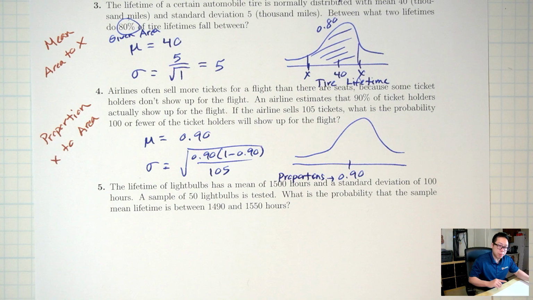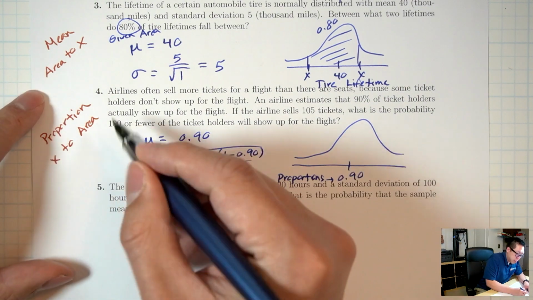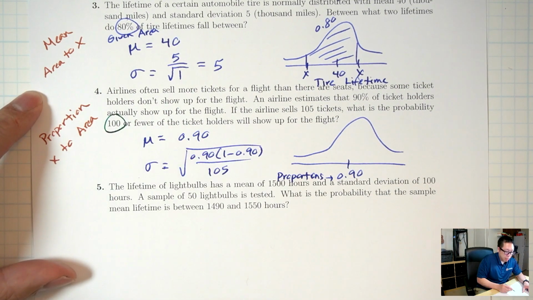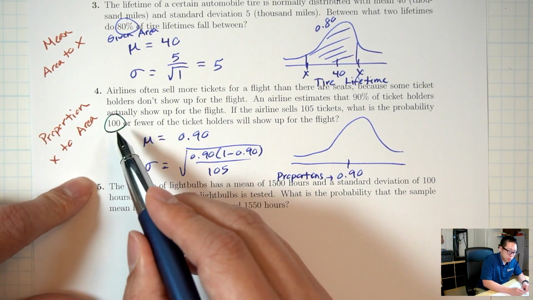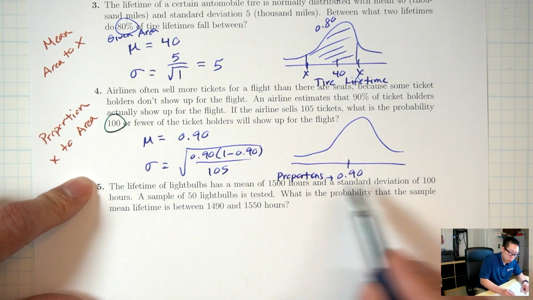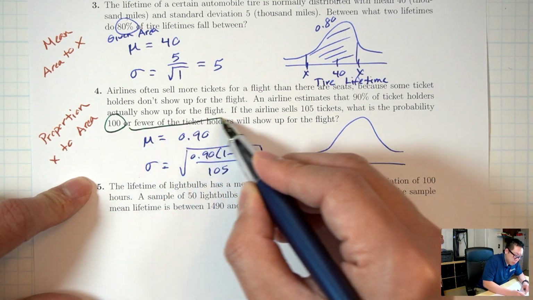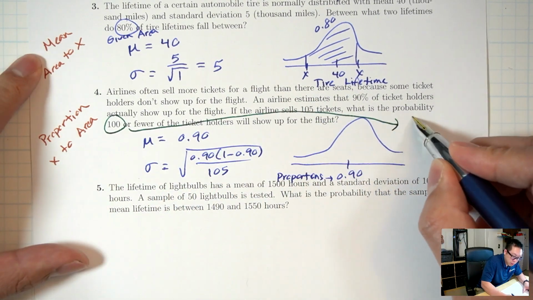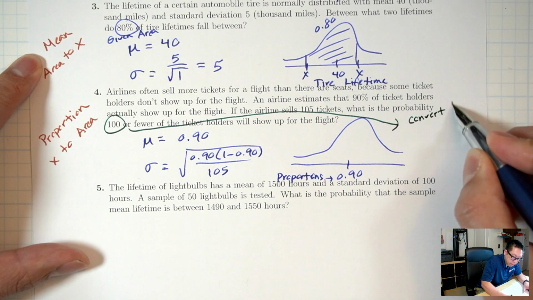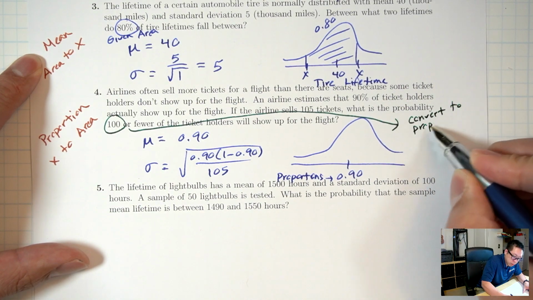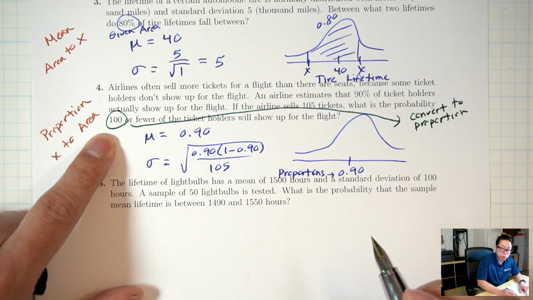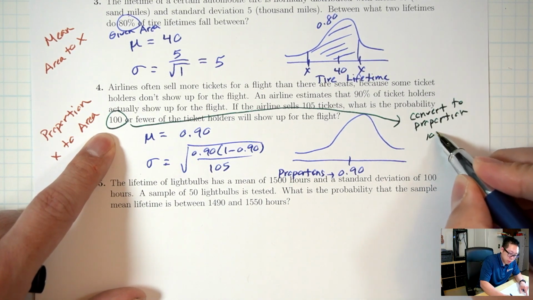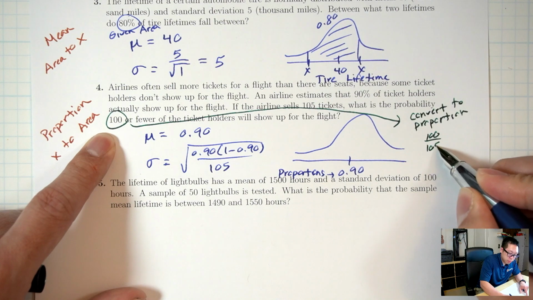So this is the same as example 3, right? I'm giving you this 100, and you would want to put it on the x-axis, but right now it's a whole number. So you actually have to convert that to a proportion before you put it on the x-axis. So 100 converted to a proportion would be 100 out of the total, which is 105.